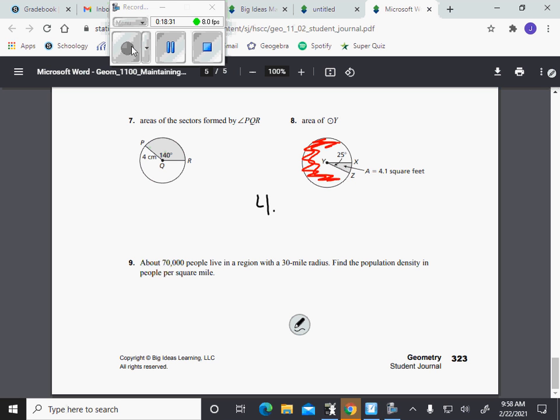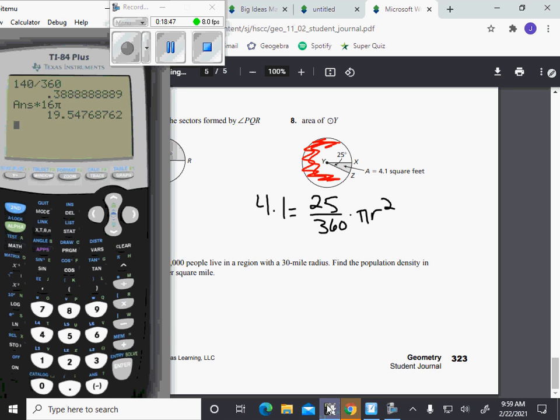So 4.1 equals, same type of formula we just did, 25 over 360 times pi r squared. Now we have to solve for r. I'm going to take 25 divided by 360, and I get 0.6944. I'm going to multiply that by pi. Right now I'm at 0.218.